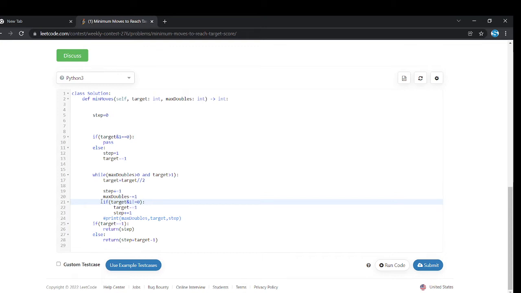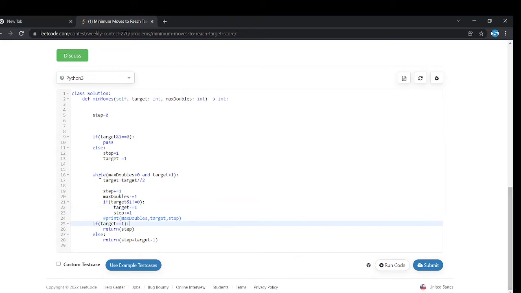If we receive an odd number like this, then we have to perform one extra operation here. So an extra step has been added, and that extra step would be the decrement operation. Switch from the odd number to the even number so that we can continue our division operation further.